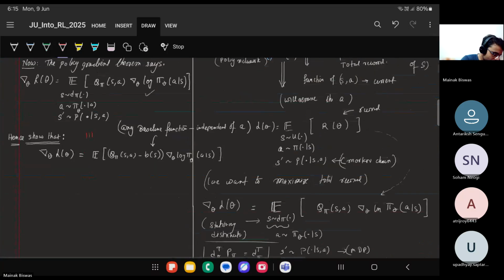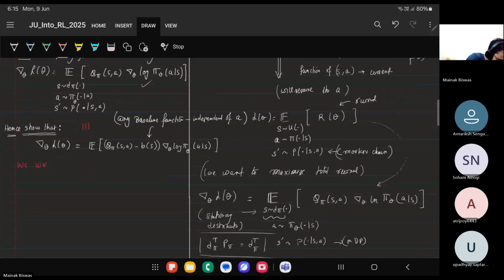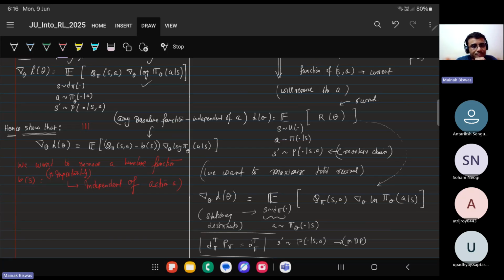So again, we want to remove a baseline function b of s, importantly independent of action A. If I can remove any function which is independent of action A, then I will say that these two gradients are the same.